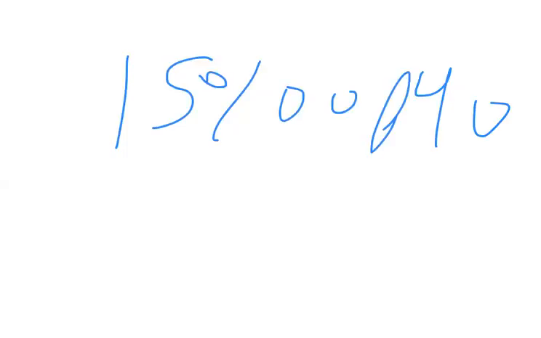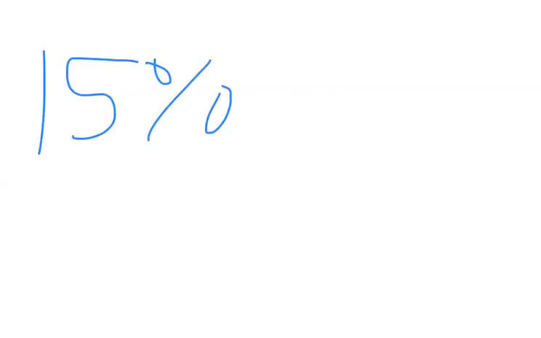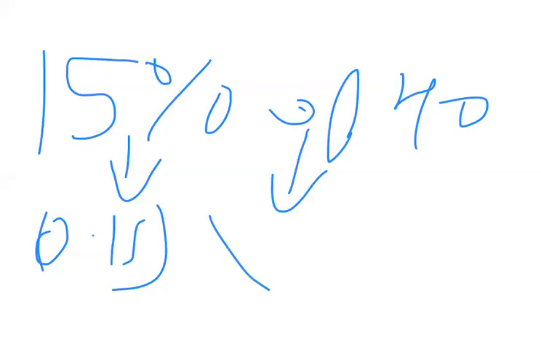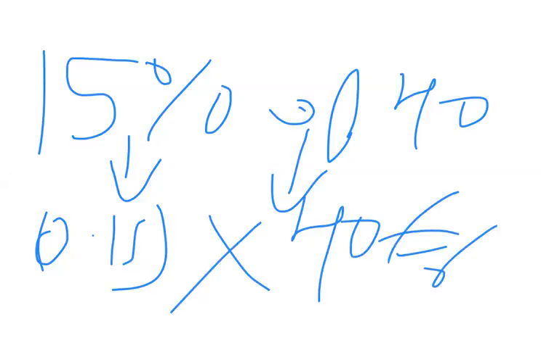Or you could just do 15% of 40. You convert 15% to a decimal, 0.15, and the 'of' becomes a multiplication. So this is like 6, and then you add that to the original value, which should also give you the answer.